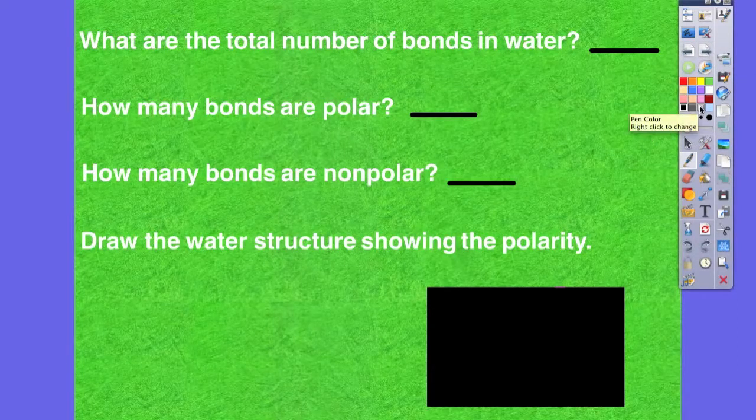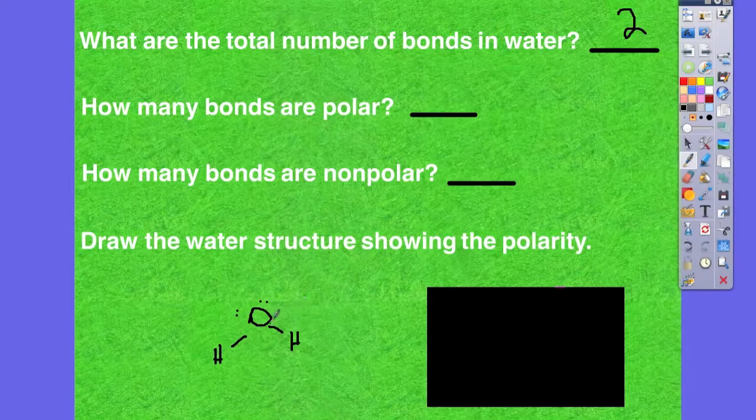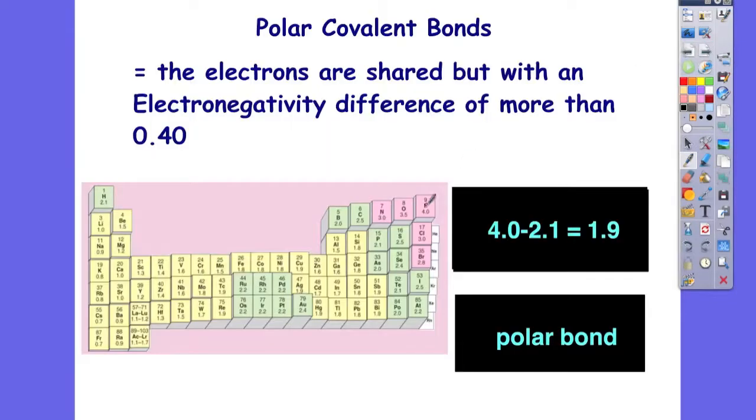Okay, let's practice. For water, H2O, so we have our molecule of water. We have two bonds. For the bond between the hydrogen and the oxygen, if we look at the periodic table here, oxygen is 3.5 minus 2.1.